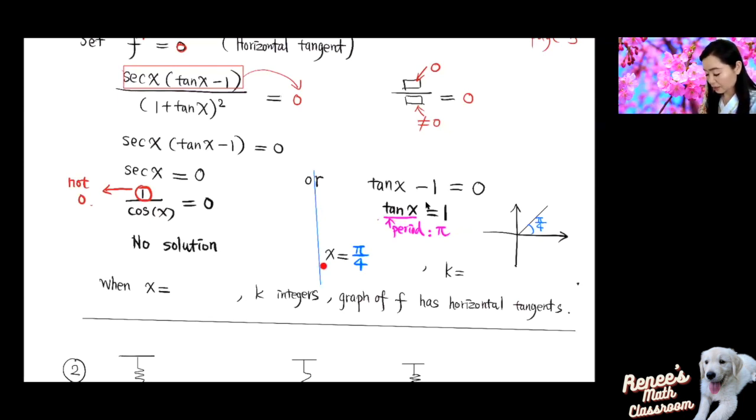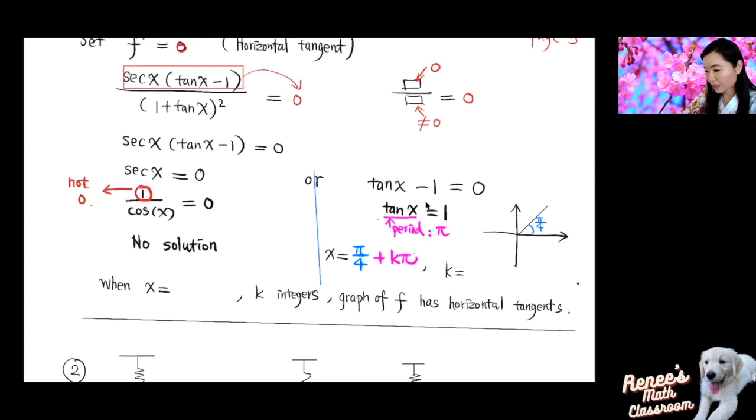So all the solutions for this equation will be pi over 4 adding any integer multiple of pi. So adding k pi over here, so x will be equal to pi over 4 plus k pi. So k here will be any integer.